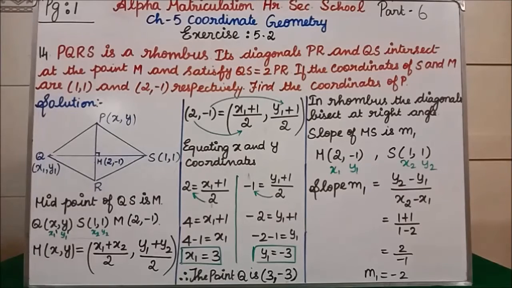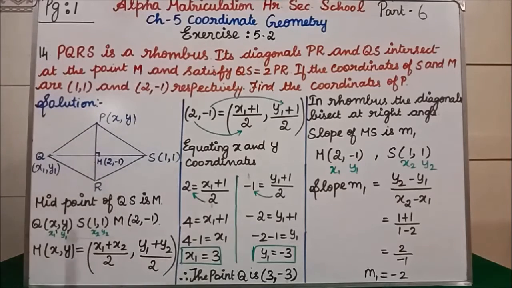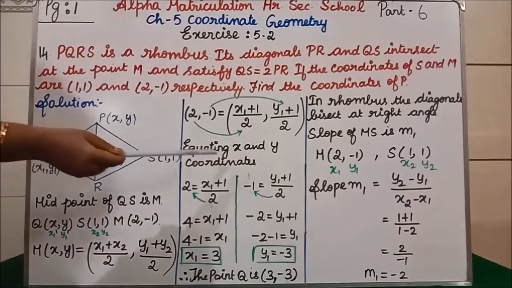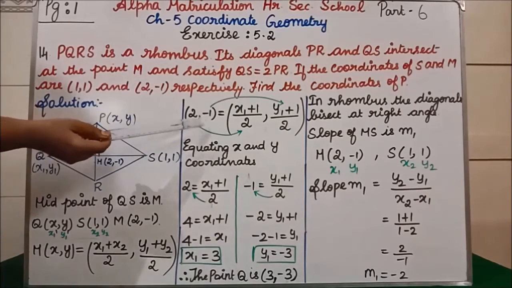So we are going to substitute now. The midpoint value we have is (2, -1) equal to (x1 plus 1) divided by 2, (y1 plus 1) divided by 2. The next step, we are equating the x and y coordinates, this is x, this is y.